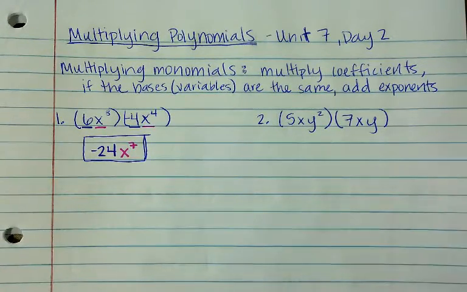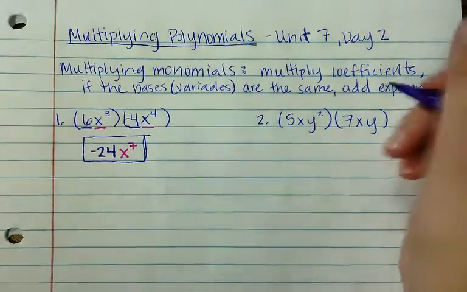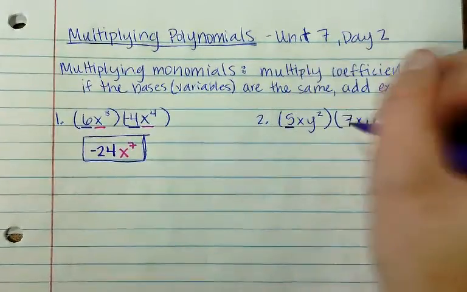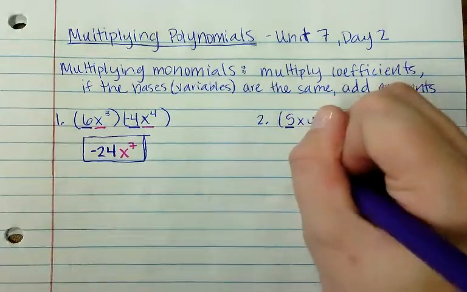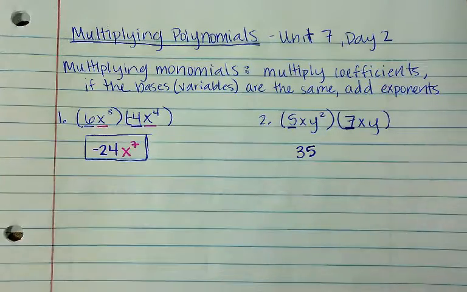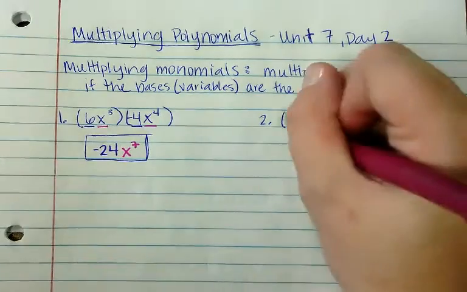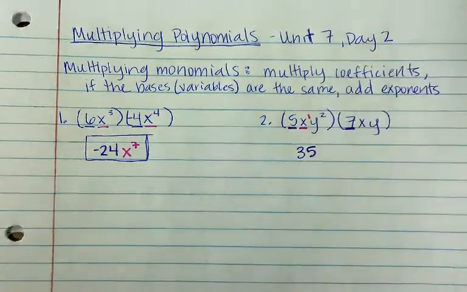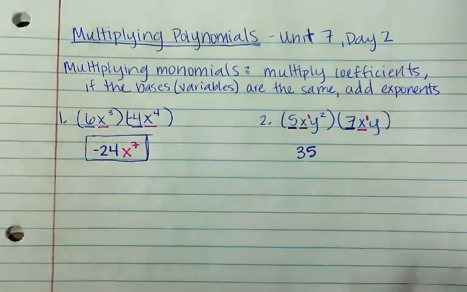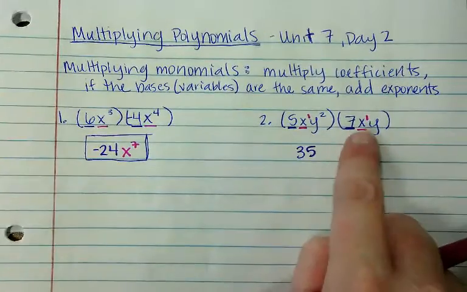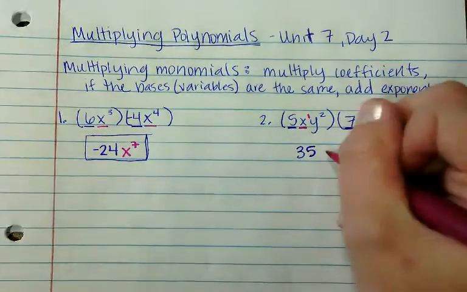Okay, for our second example here, we want to again multiply our coefficients. So we're going to do 5 times 7, so that's going to give me 35. And then we have our x, and that's really like x to the 1 times x to the 1. So guys, what is x times x?